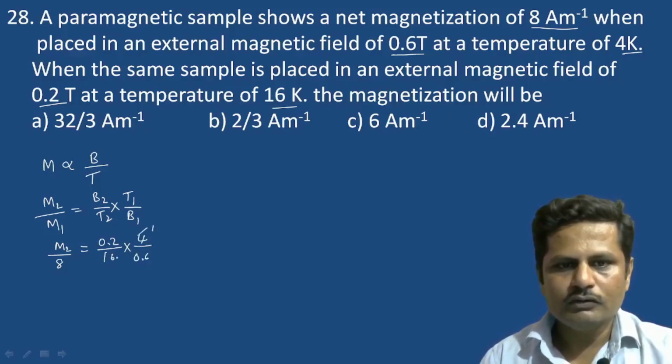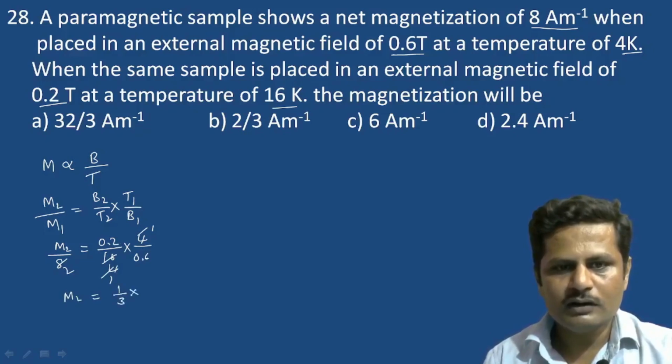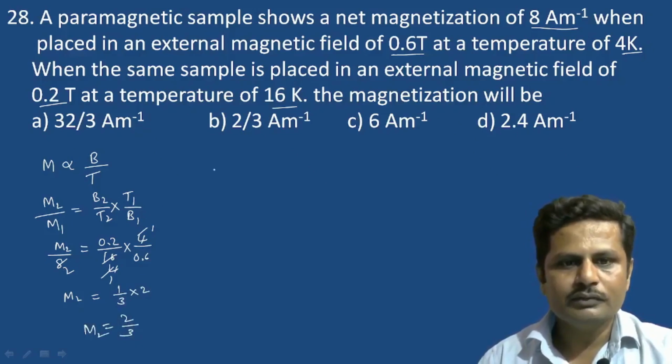Cancelling, M2 equals 0.2 divided by 0.6, which is 1 by 3. The 8 comes to the right side, and it becomes M2 equals 2 by 3. So option B would be the correct answer.